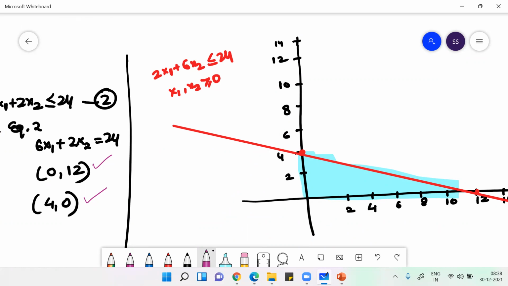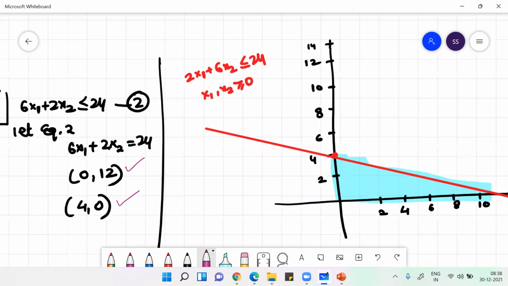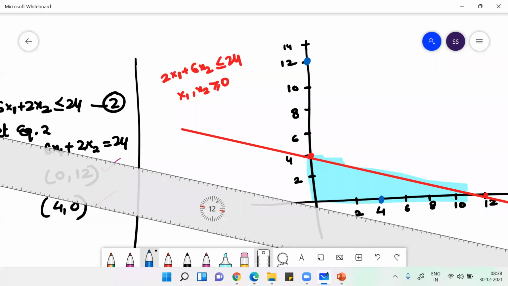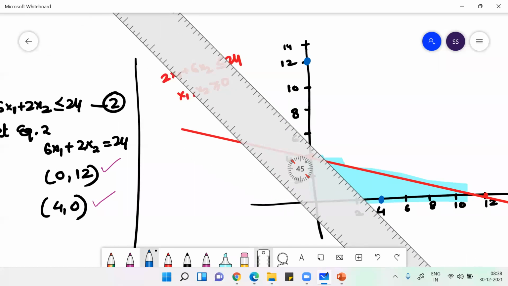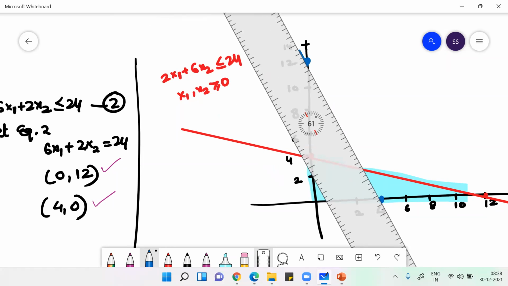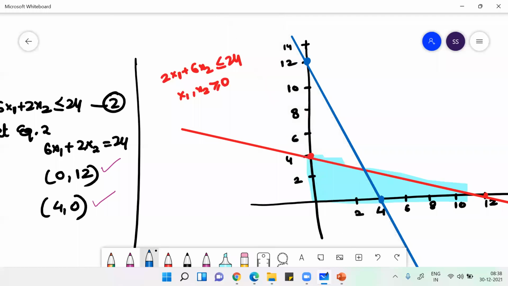Now the second equation is the same: 0, 12 and 4, 0. Let me change the color. This is 0, 12, and this is 4, 0. Again, let me plot the graph for this. Fine.